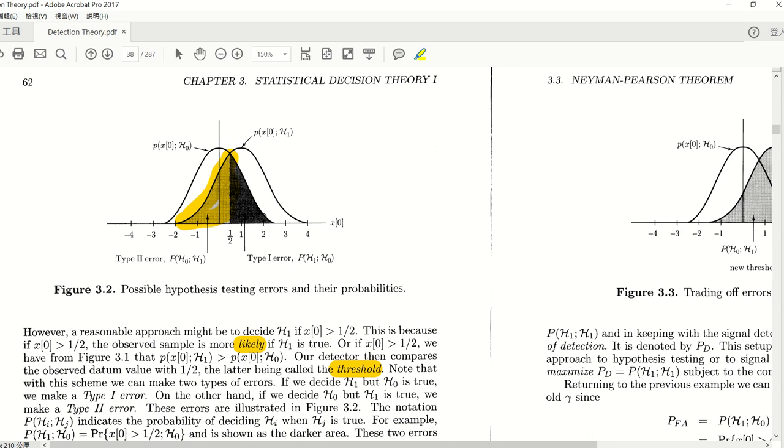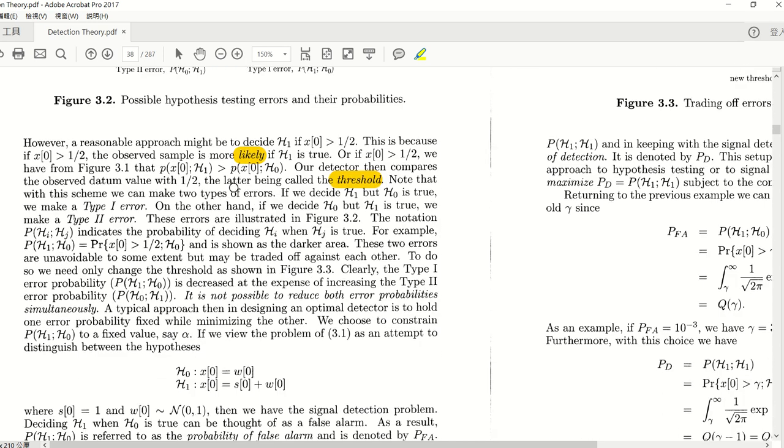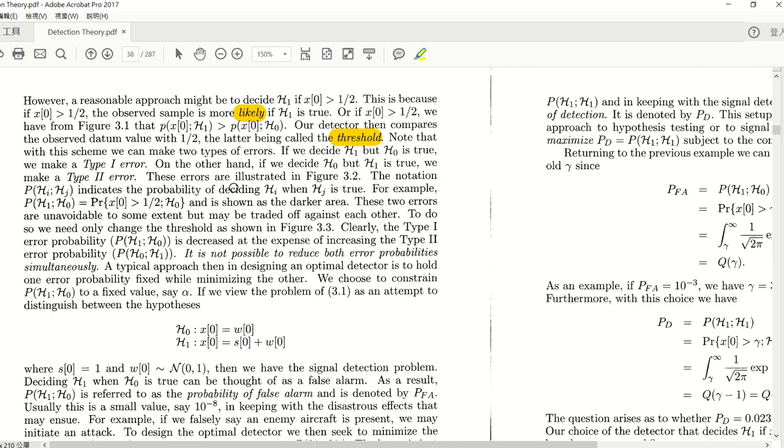Try drawing the figure one more time and put the threshold at different locations, and you will find that it is not likely to reduce the two error probabilities simultaneously. If you reduce one, you are going to increase the second.